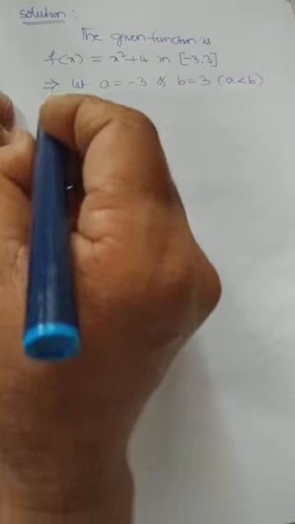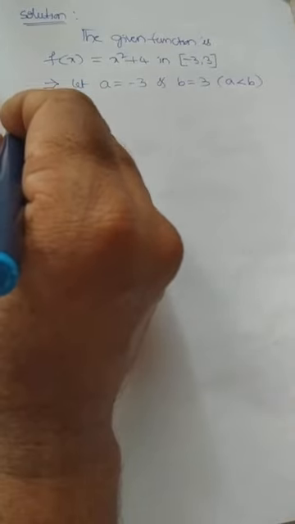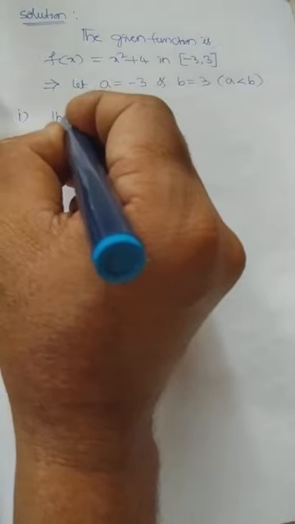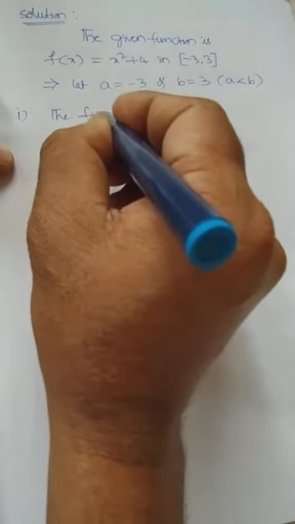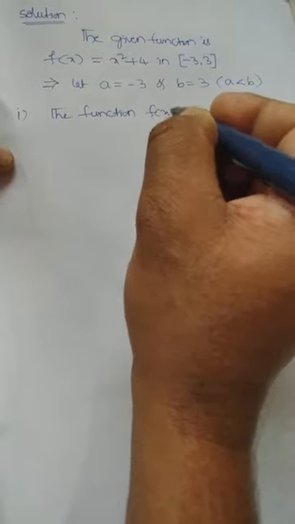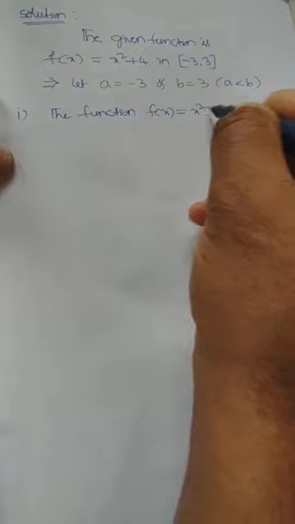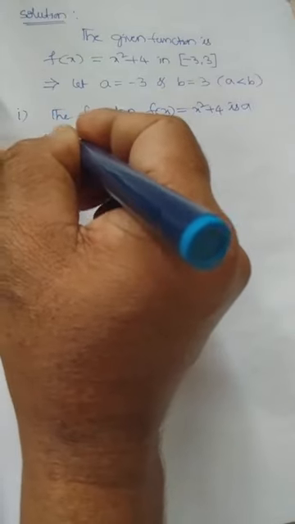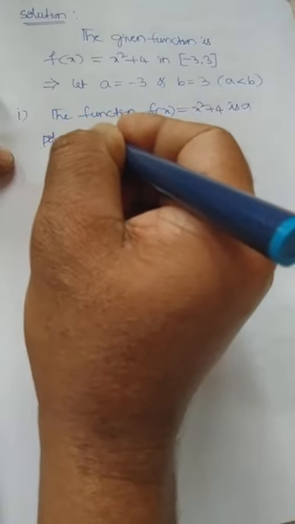Now regarding our conditions in the Rolle's theorem statement, here we supposed this value is a and this value is b, where a is less than b. Now the first condition: the function f of x equals x square plus 4 is which function? It is a polynomial.